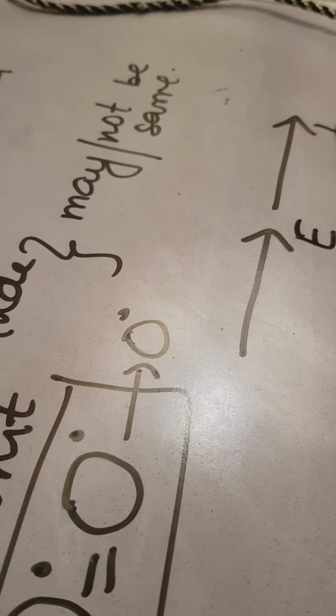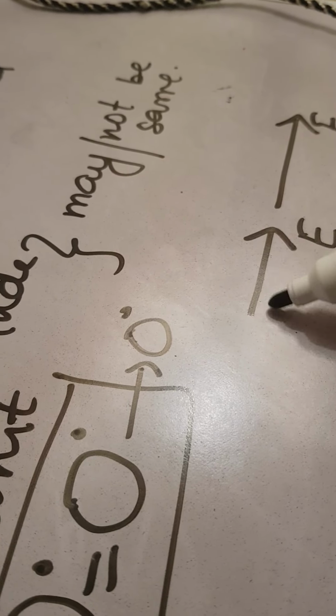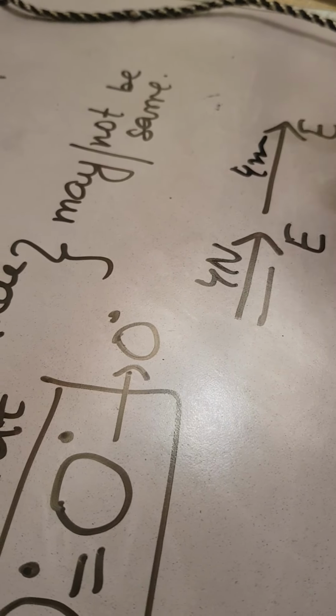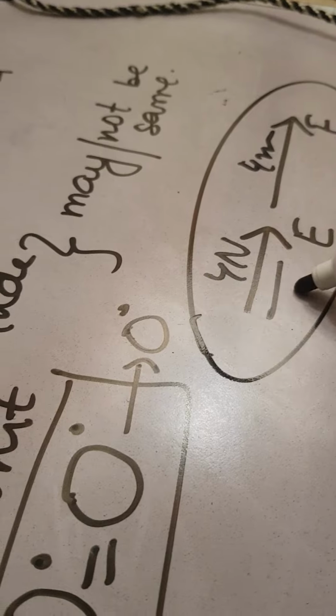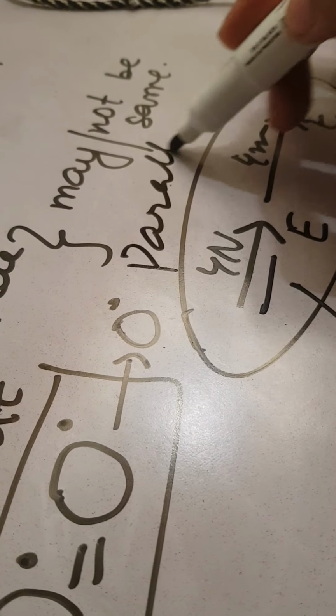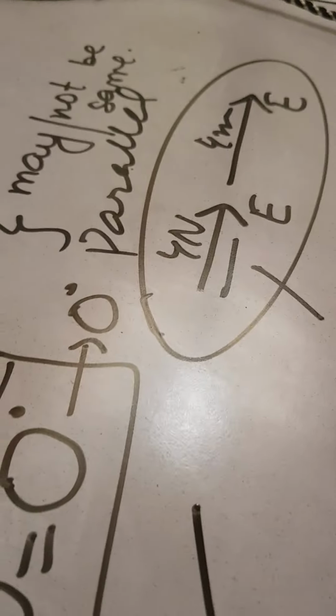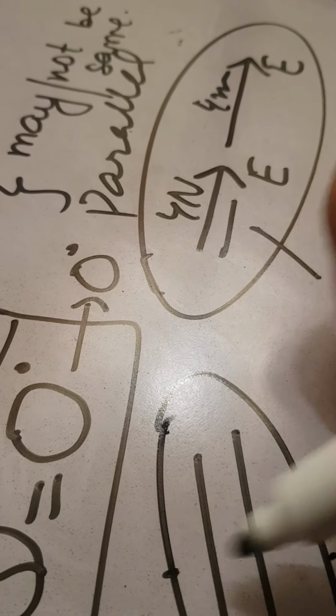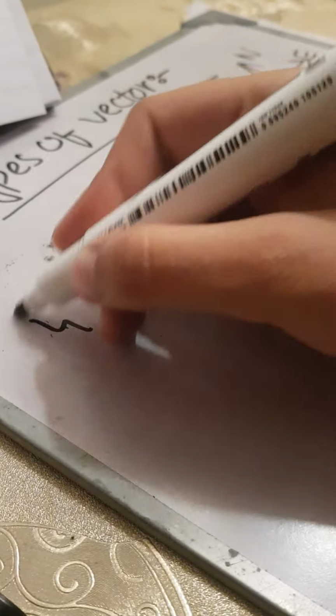They have the same direction but not the same magnitude and not the same unit. I told you that it depends upon the situation. So these are known as parallel vectors. What does parallel mean? Parallel means two lines that are similar to each other.